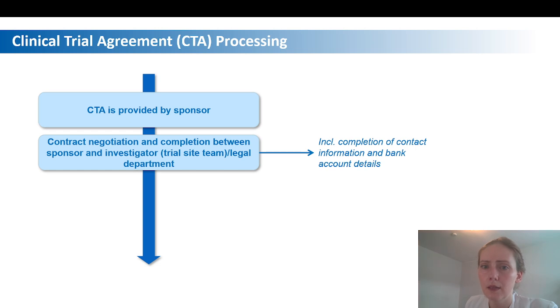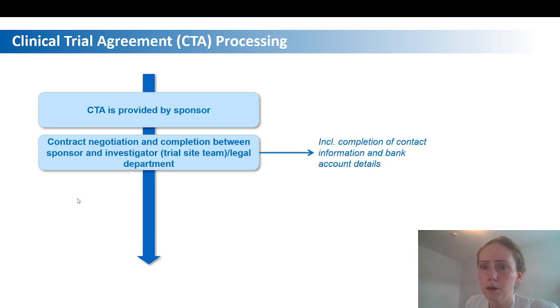These are details that can generally only be assessed by the site itself, not by the lawyers. During the negotiation process, the site might request adaptations or seek clarifications on a certain clause or provision within the CTA. This back and forth communication helps in reaching mutual agreement between sponsors and the site.